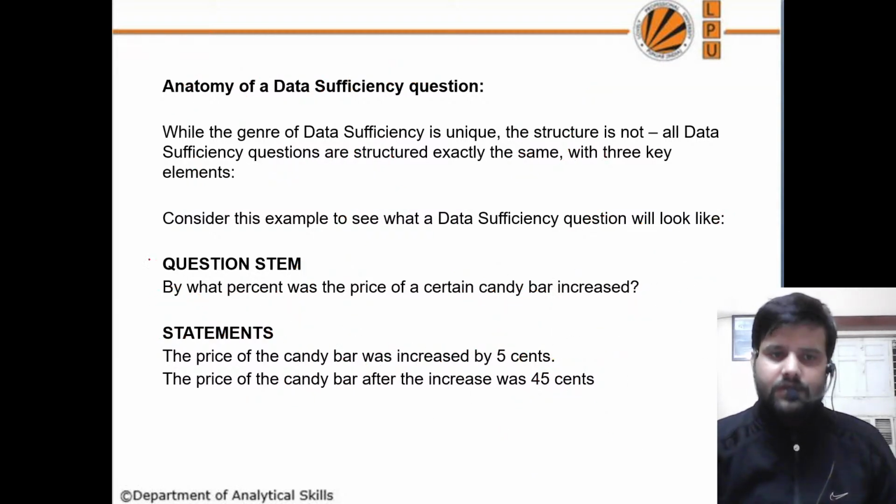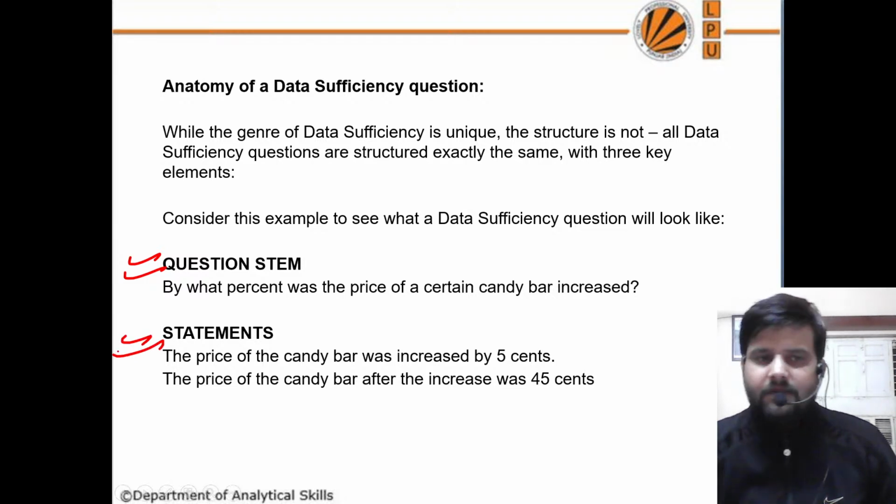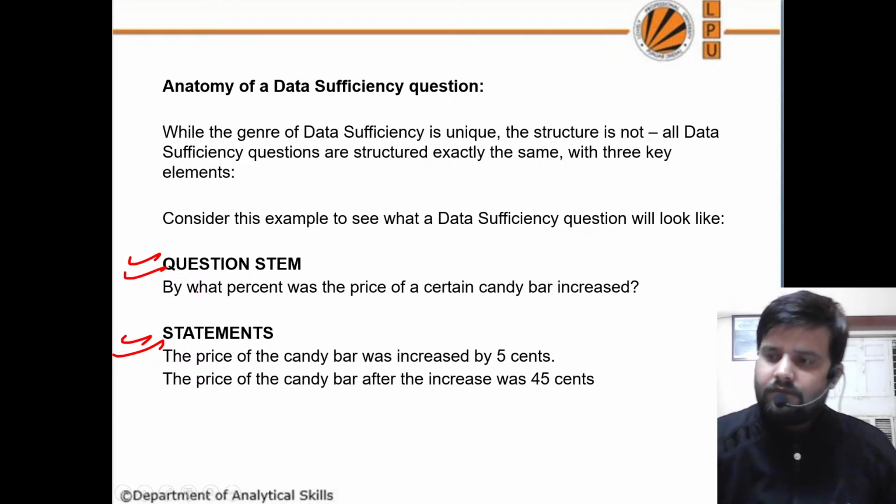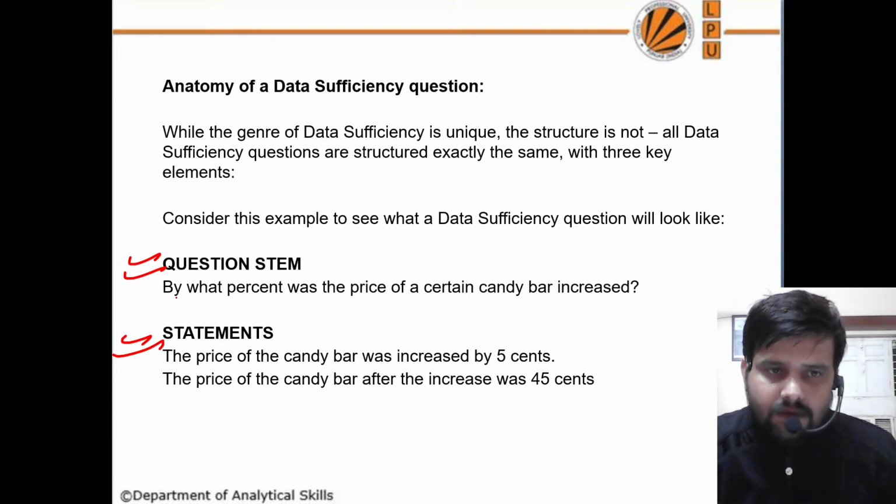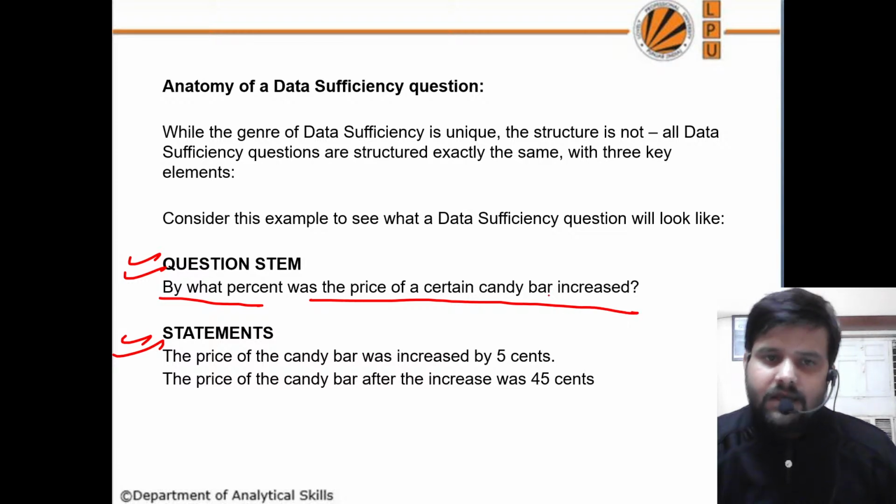Okay, this is your question. This is the question, these are the statements. Now see, in data sufficiency you also need prior knowledge of the topic. If a question is from percentage, the basics of percentage must be clear to you. Now see here, the question is asking what percentage of the price of the candy bar was increased.